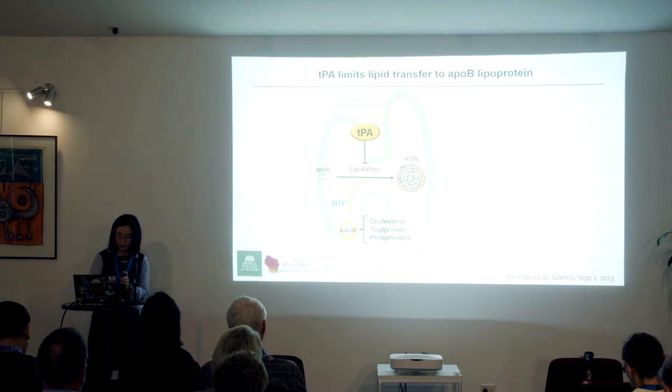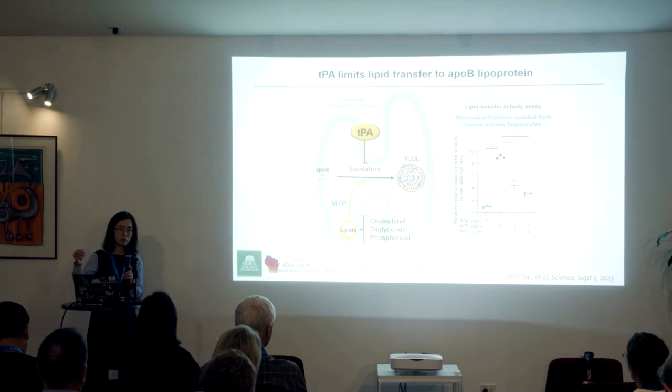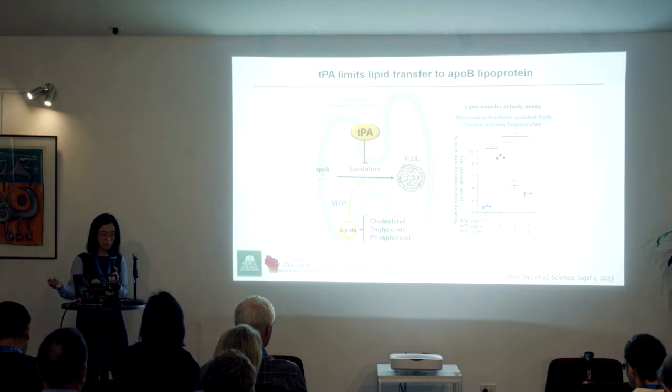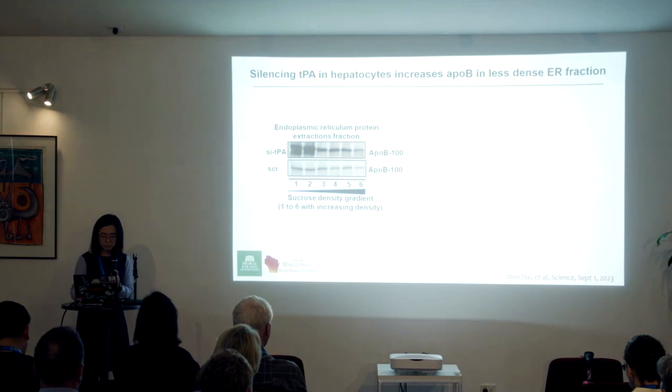We used a lipid transfer activity assay to monitor how much of the fluorescently labeled lipids can be transferred from the donor vesicle to the acceptor vesicle. This lipid transfer activity is reduced after we add recombinant TPA to the reaction.